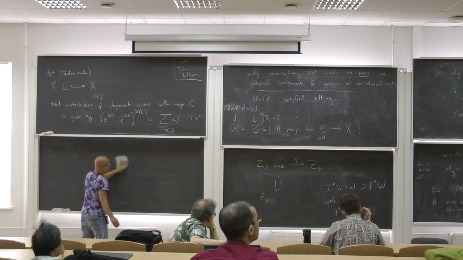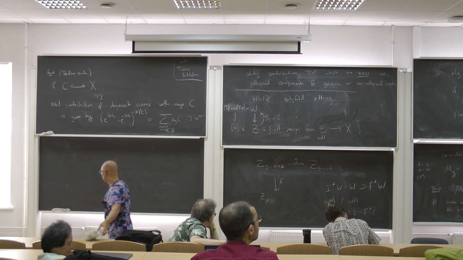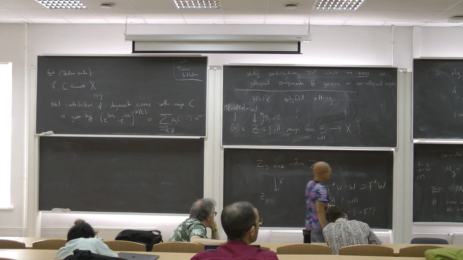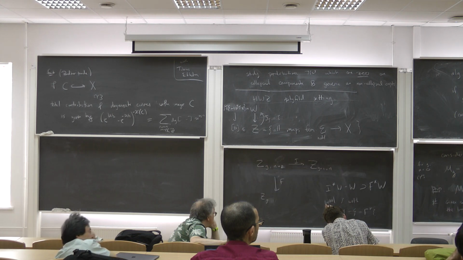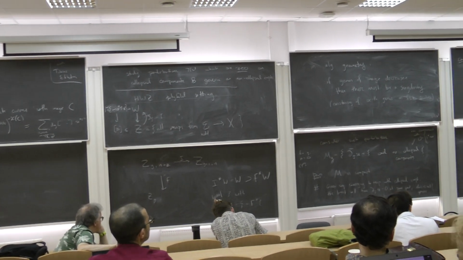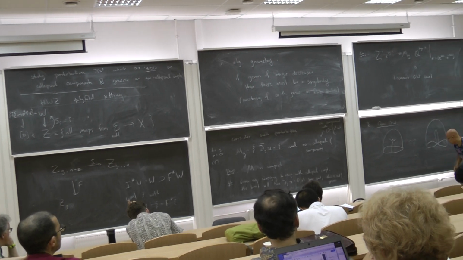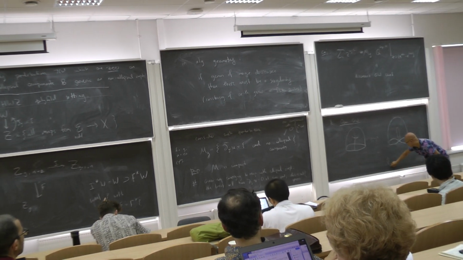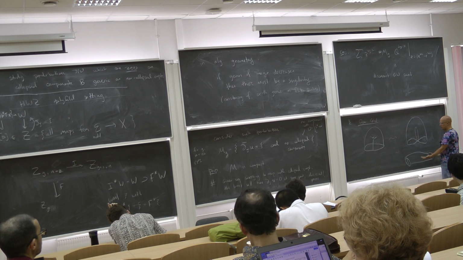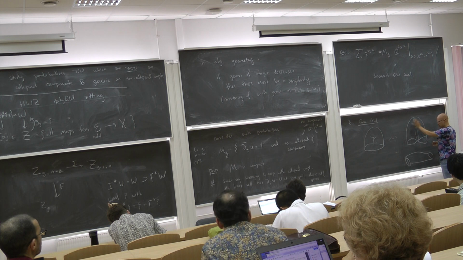If you look at that degeneration, there's another curve which is also mapping to this one, namely a cylinder, which maps here as an immersion.